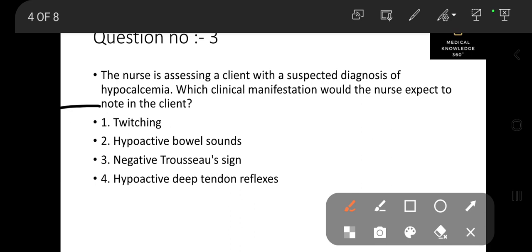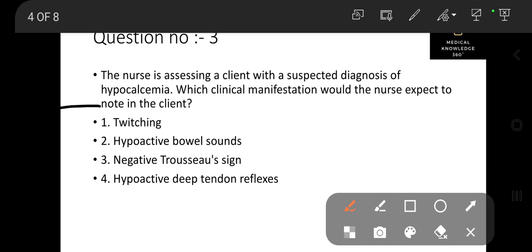There are some common signs which we observe in a patient with hypocalcemia, and these are numbness, hyperactive deep tendon reflexes, positive Trousseau sign or Chvostek sign. Additional signs of hypocalcemia include increased neuromuscular excitability, muscle cramps, twitching, tetany, seizure, irritability, and anxiety.